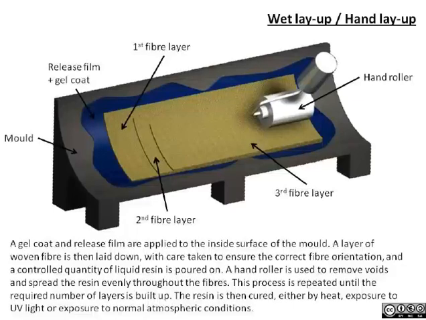Okay, these are some very, very simple schematics of different types of composite processes, starting with something that is typically a low manufacturing volume process, a layup.